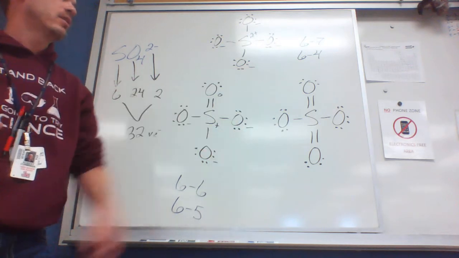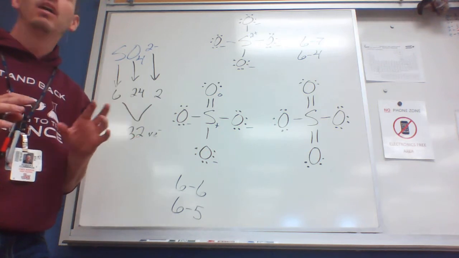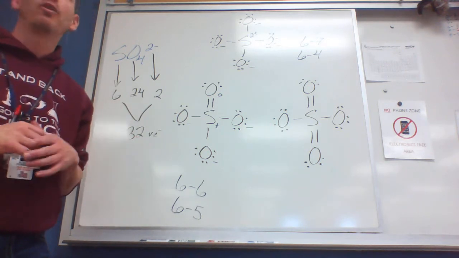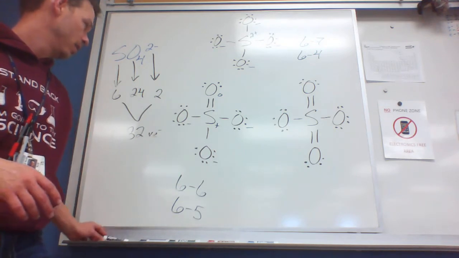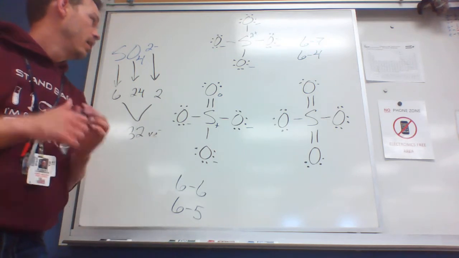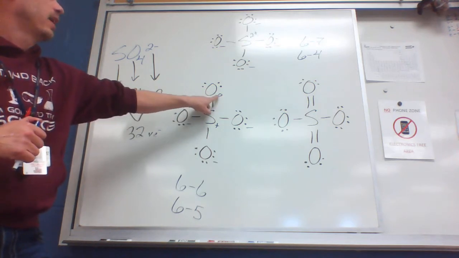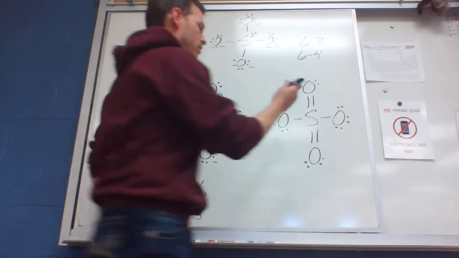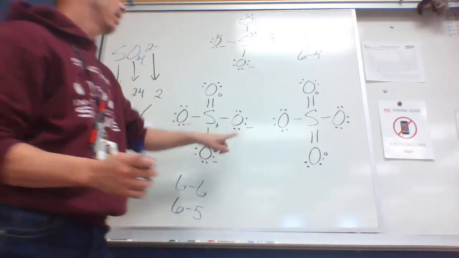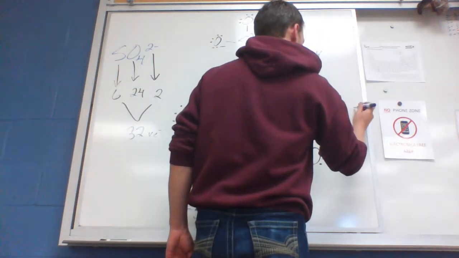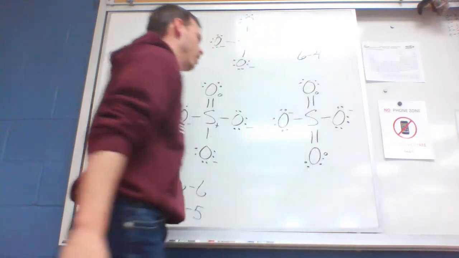Now, there's still 32 drawn, which is one of my rules. All of the oxygens have a normal octet, which is one of the rules. Sulfur is happy to expand, so he's good there. Now, we know what these oxygens look like, so there are 2 zeros. But look at sulfur.